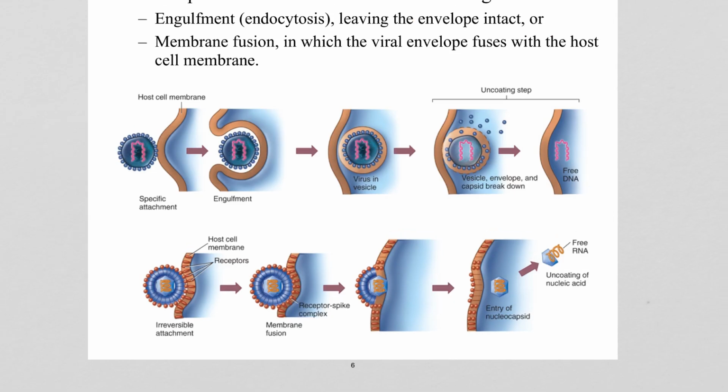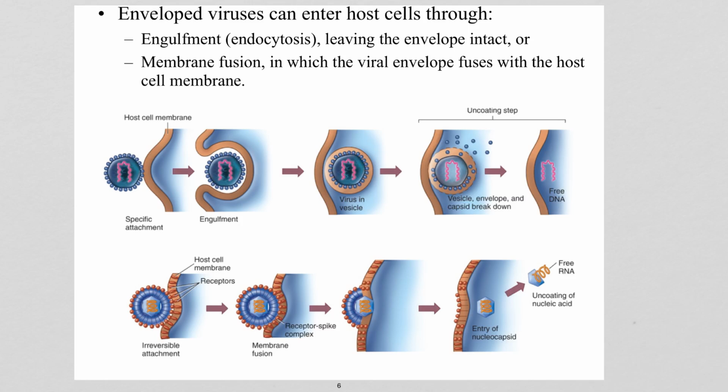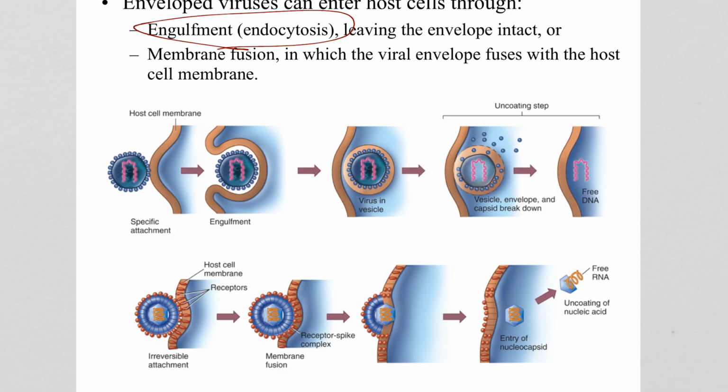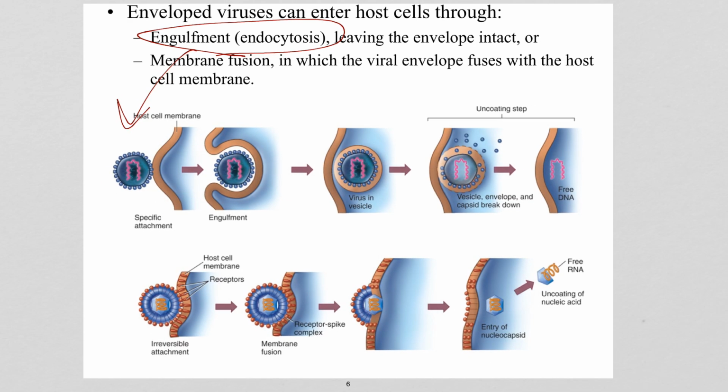And those two options are illustrated here. And it's pretty straightforward. Option one is you can actually just engulf the whole virus. That's essentially endocytosis, the way that you guys learned it. And that's shown here. Very straightforward. Virus attaches to host cell membrane. Host cells endocytose things based on the activation of receptors.